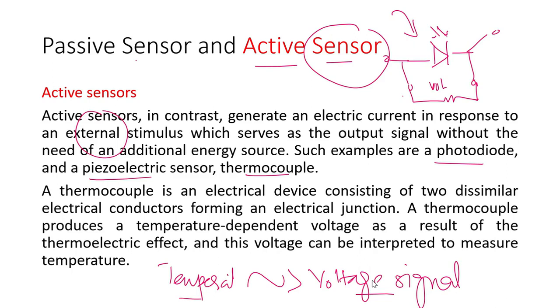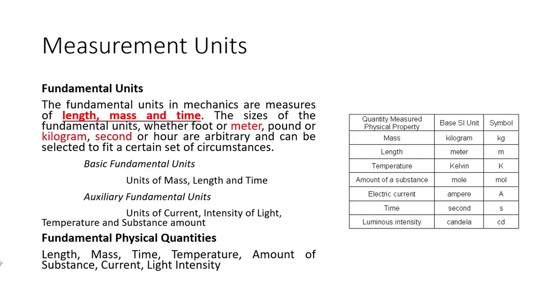Okay, so this is it for the passive and active sensor. Now coming towards the measurement units, there are two types of units, the fundamental units and the derived units. As we have already understood, the basic fundamental units are three: mass, time and length.